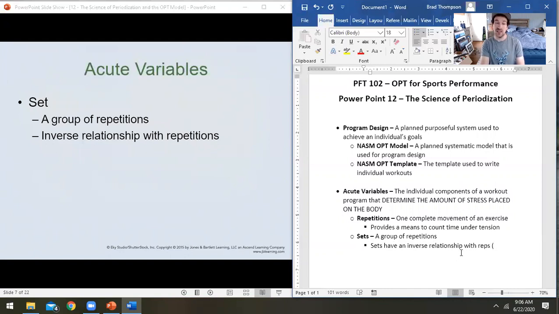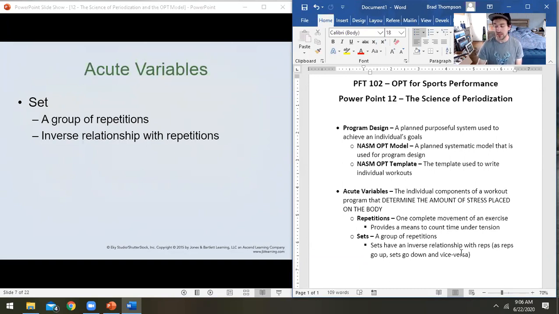What that means is as reps go up, sets go down, and vice versa, so that works in both directions. If your sets are really high, it's because you are doing a low number of reps. It's very rare that we want a high number of sets and a high number of reps, because that's too much stress and might cause a breakdown of a system. So they work backwards of each other.